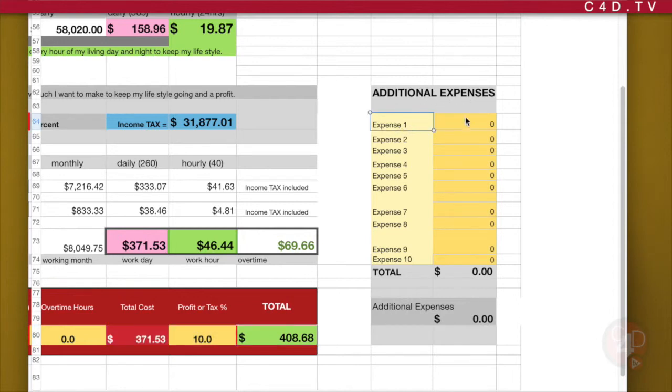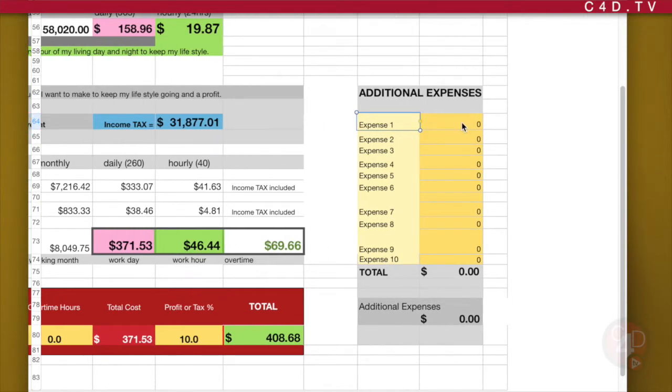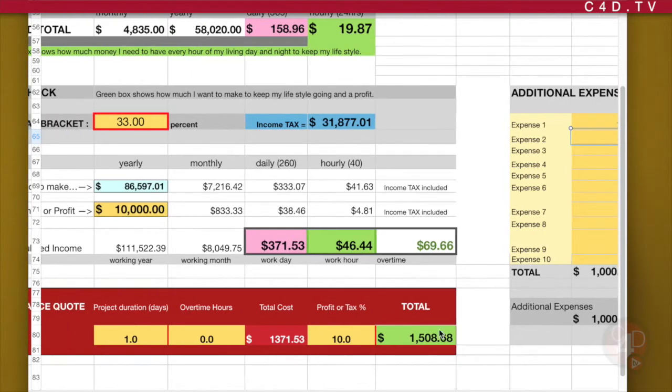So additional expenses, for example, let's say if this was a poster and I need to print, let's say, several posters, and the cost for that printing is $1,000. Okay, so you're gonna put $1,000 in there. So the additional expenses are going to be here, and they will be added to the final total.